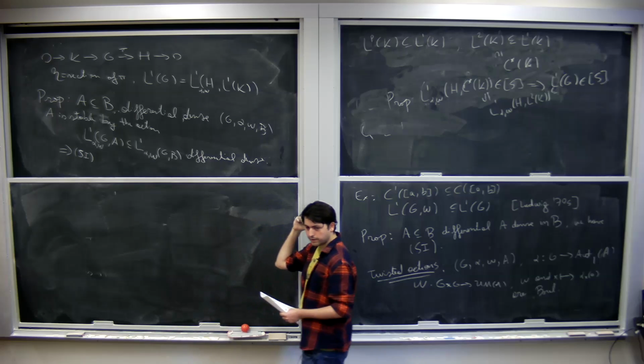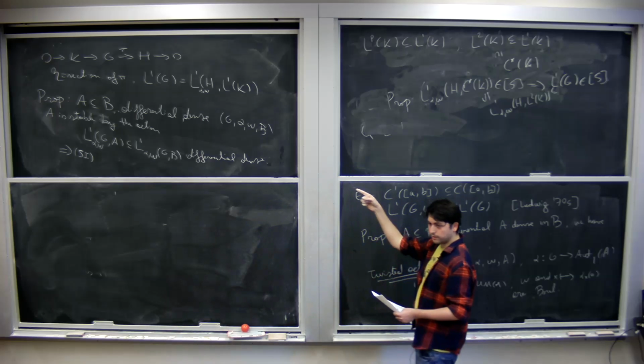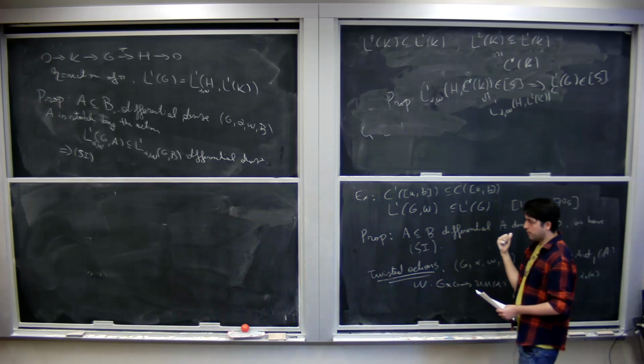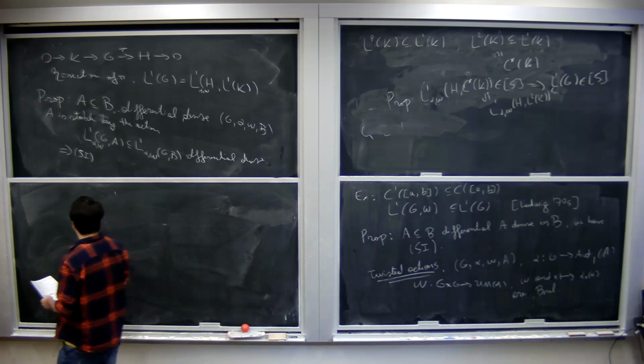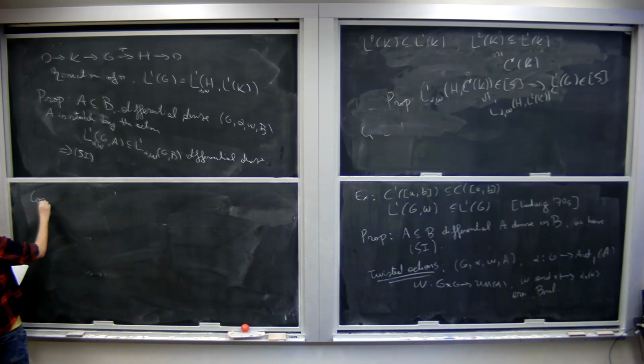And that proposition is basically telling me that I can replace the second L1 with a C-star algebra, right? But they're actually equivalent. So let me mention a corollary.